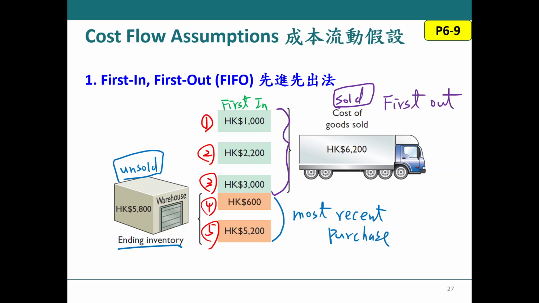If you are a company like 7-Eleven, like a family convenience store, of course you hope your food with the expiry date will be sold first, because the longer you keep it in the company, your food will expire.